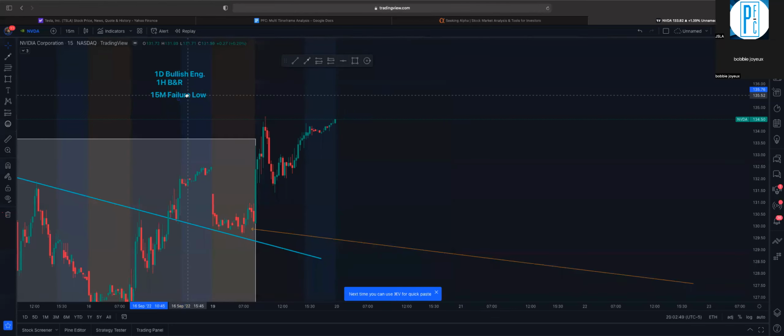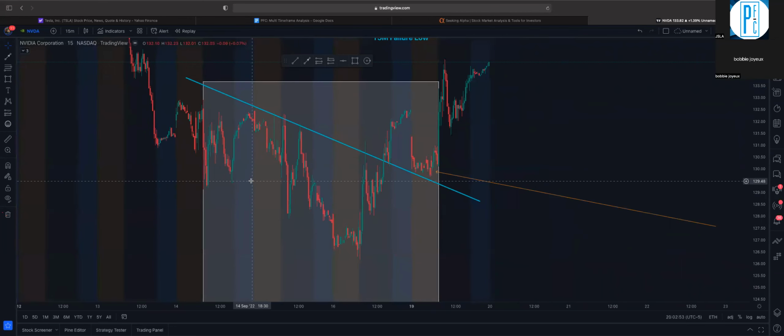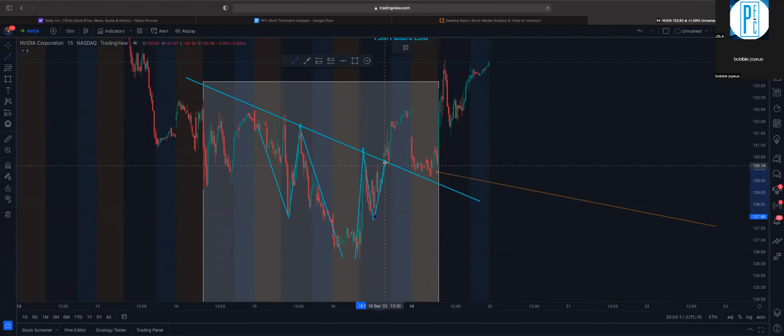I don't really like all this, but you know. Looks like a big, I didn't even see this, a big inverse head and shoulders. I didn't even see that, but yeah, it's there. I'm drawing it ugly right now, but y'all see it.